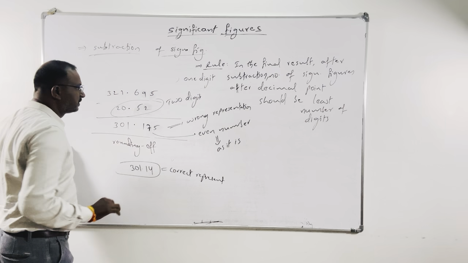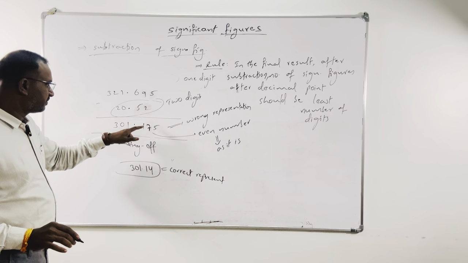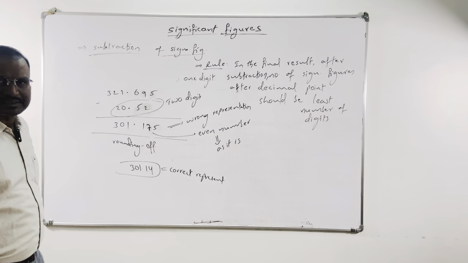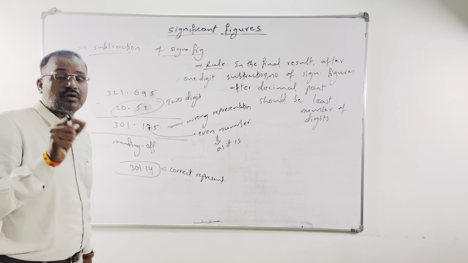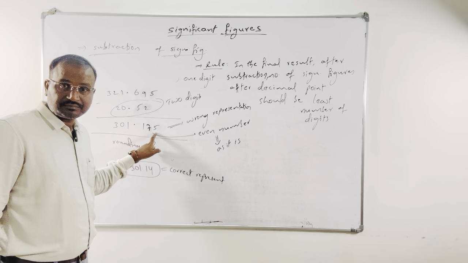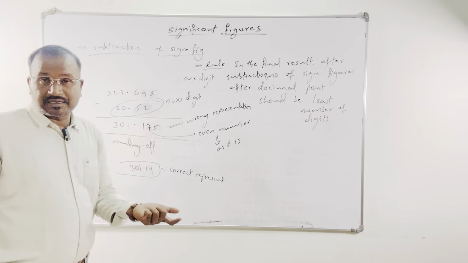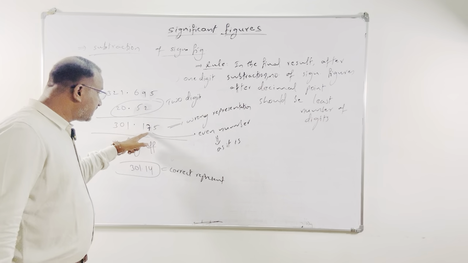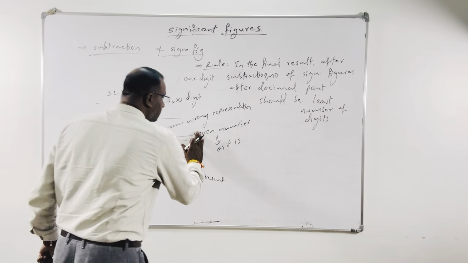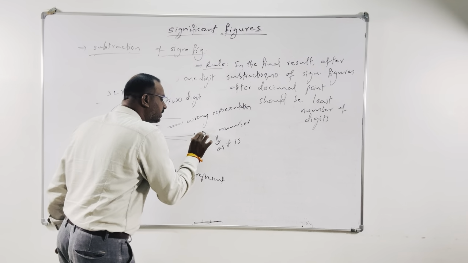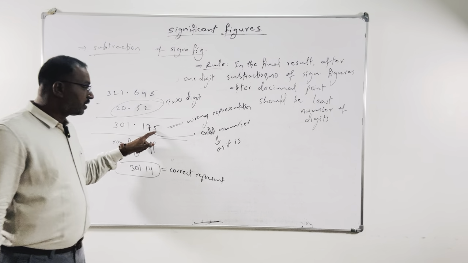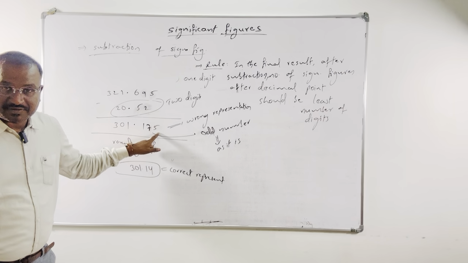On subtraction I'll get 5 as this, 9 minus 2, 7, remaining all this. So now I have to round off this 5. Before, I had taken an even number. Now it is not an even number, it is an odd number. I want to round off this 5.